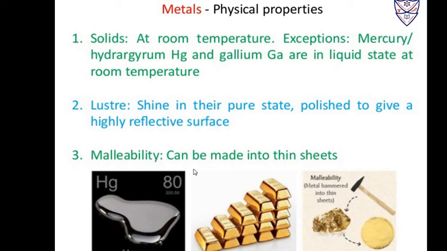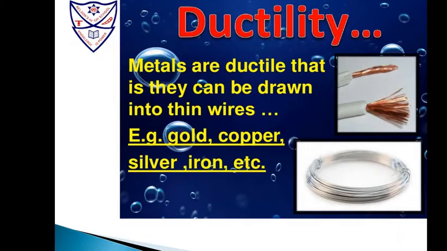When we hammer them, they can be made into thin sheets. As you can see here, this one is gold in the form of ore. It's an unshaped one. When you hammer it, you can see thin sheets. This is called malleability.